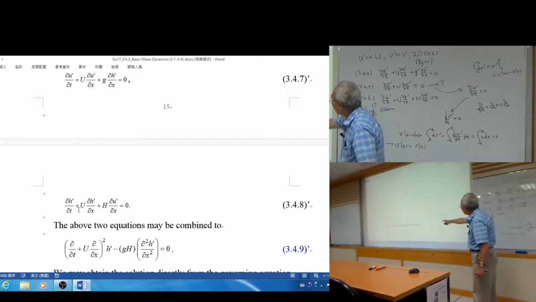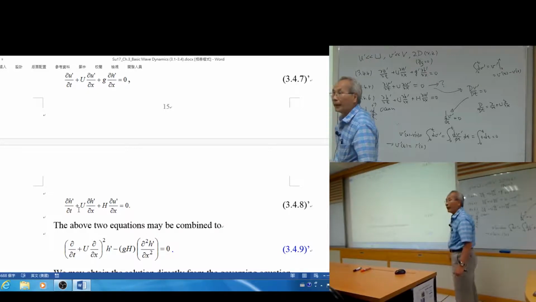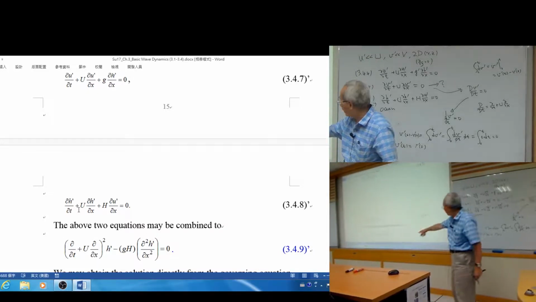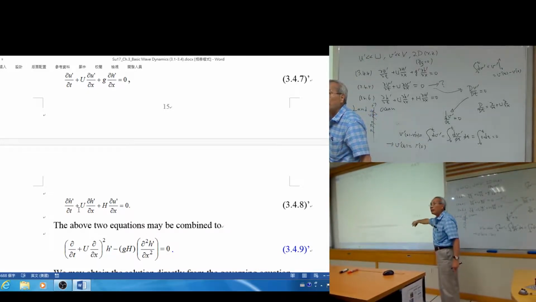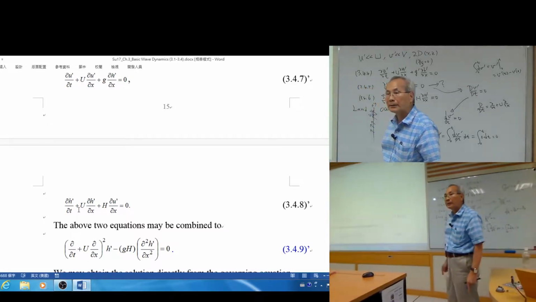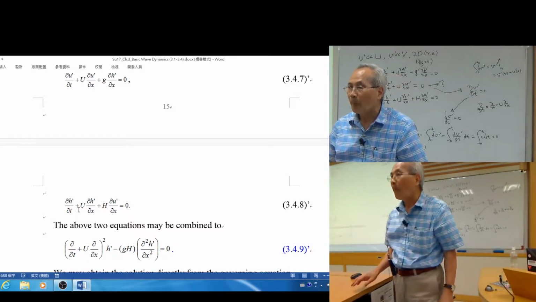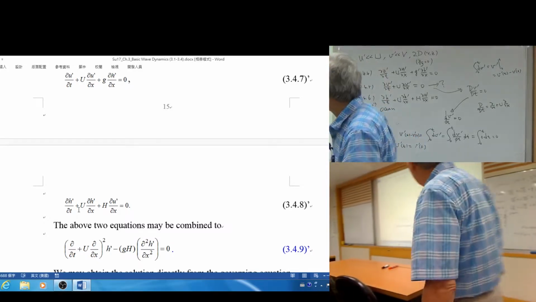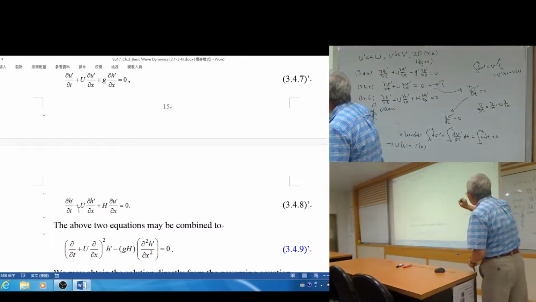Into 3.4.9. How many people have done this before? Probably in which course? Oh, that's good. So you can combine them together.